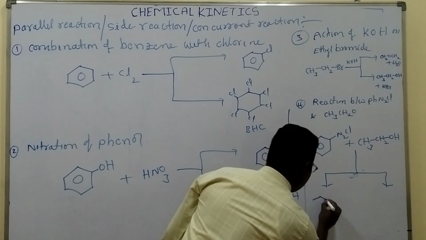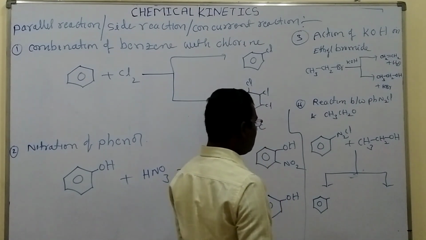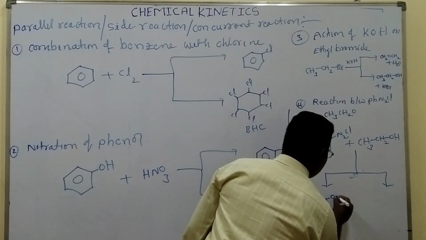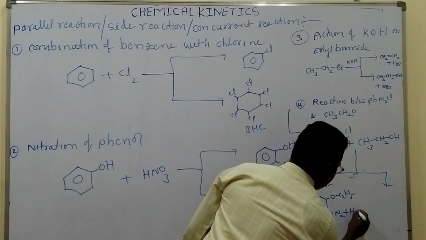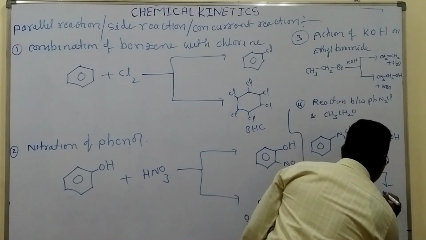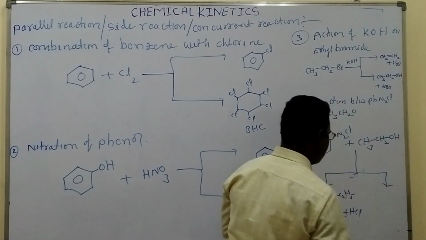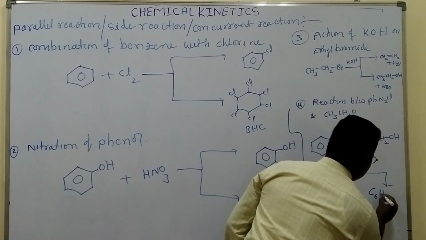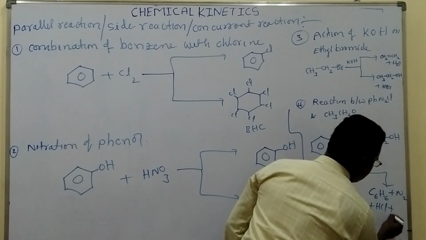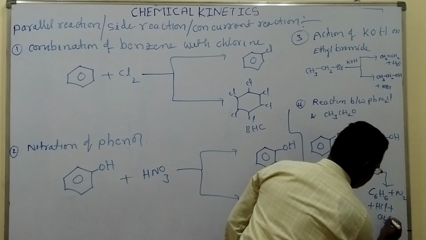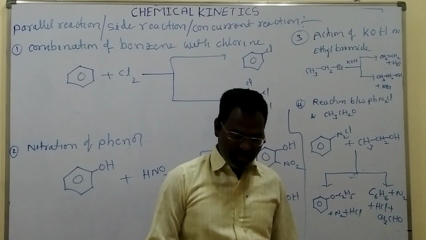In the first case, we get the ether, C6H5OC2H5, plus N2 plus HCl. In the other case, we get benzene, C6H6, plus N2 plus HCl plus acetaldehyde, CH3CHO. So here also we get two types of products.